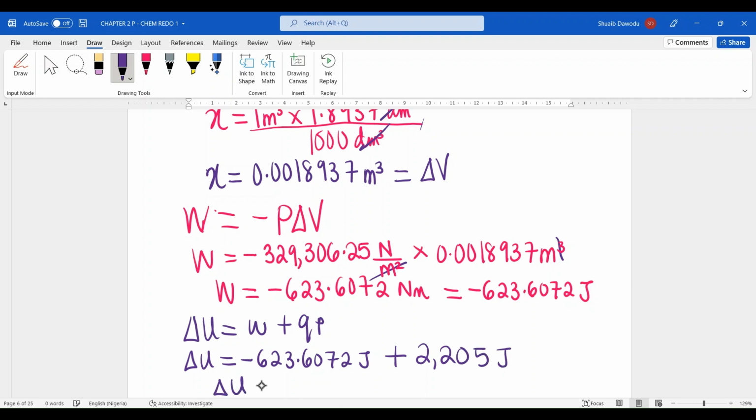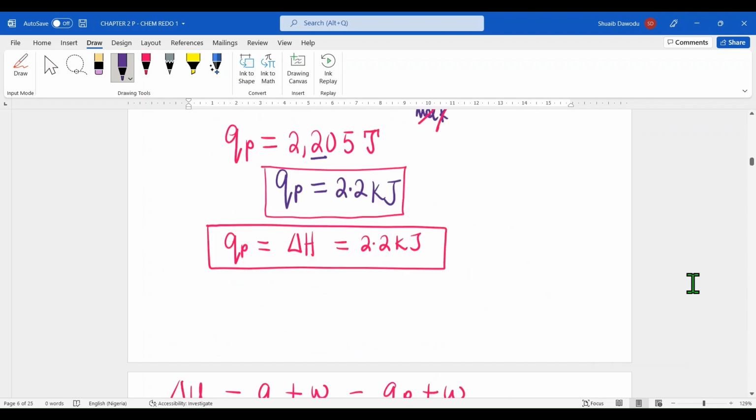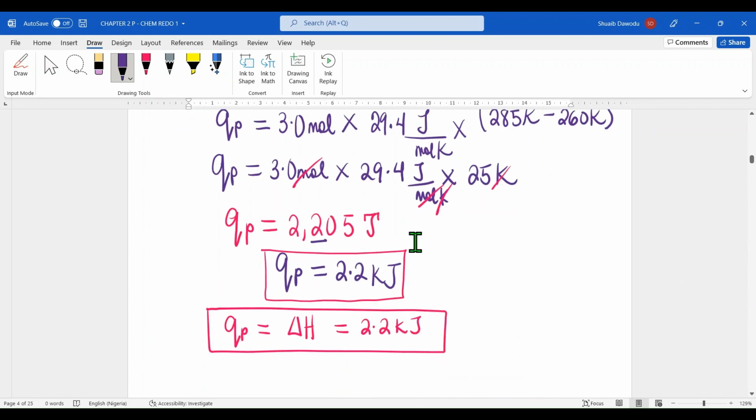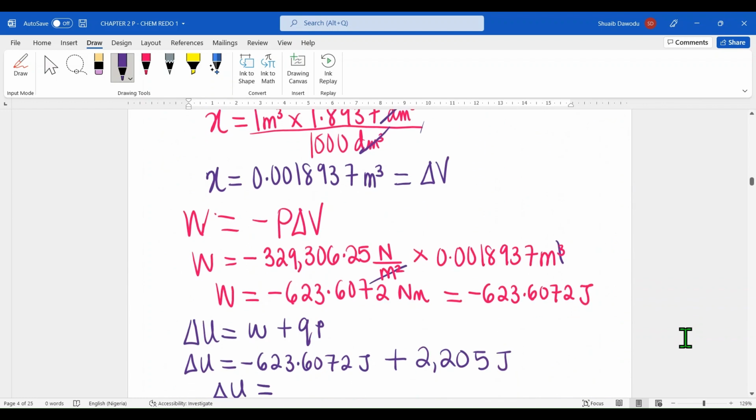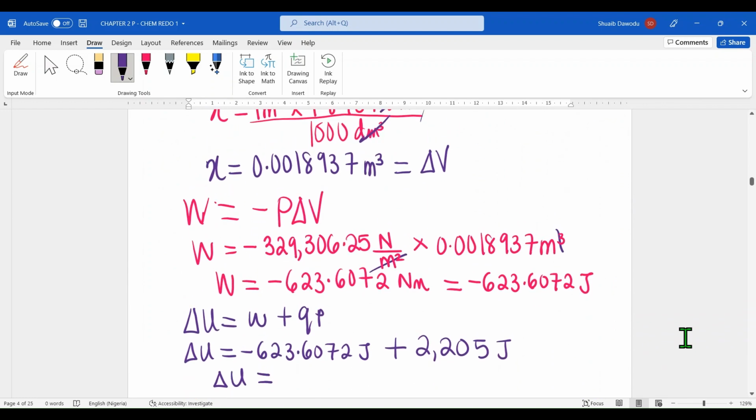Remember how we had the Q sub P that I solved from the beginning, 2,205. I have to use the raw value rather than 2.2 kilojoules, because we're trying to get our answer in joules. We have to use more of the raw data whenever you're dealing with chemistry questions. So what we end up with is 1,581.393 joules. And that is it.